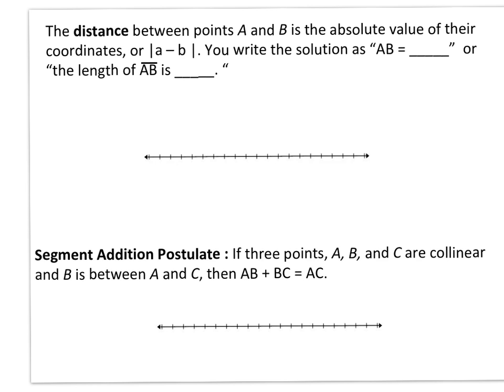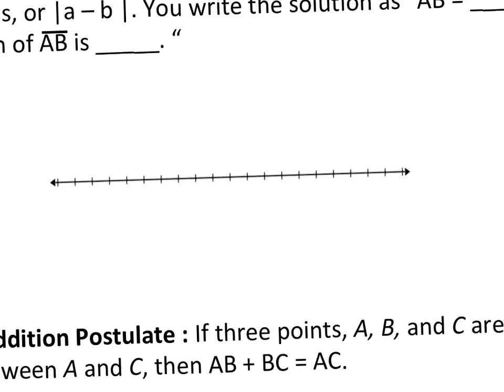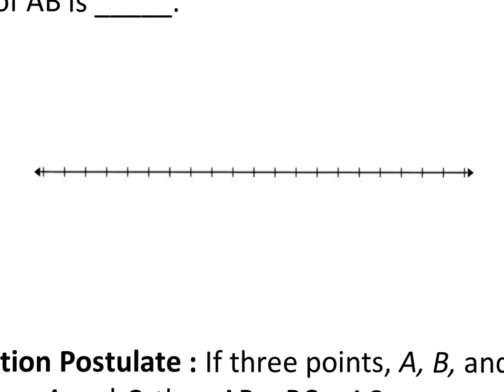So for example, let's say in this number line, I'm going to number every other one just to make it a little easier. And let's say I have point A here and point B here. Well, this point is on -5 and this point is on 3.